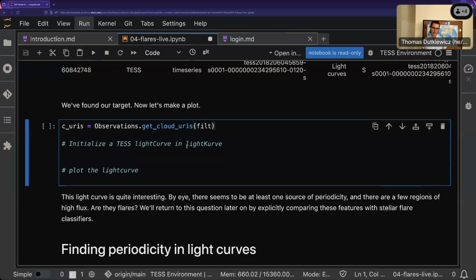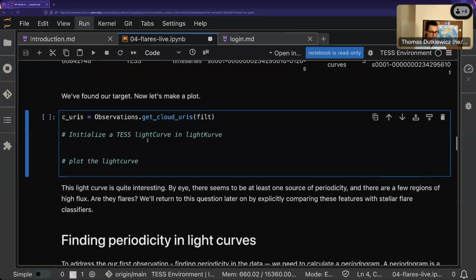The thing that I've been doing with this weird get_cloud_uris and making sure to use the plural and then trimming it down, there was a weird bug in how it handled AstroPy tables that has since been fixed, but on the platform, that fix is not available because we are locked into containers of software, and it just hasn't worked out to get the latest version of that. So all of it to say that the actual API is quite nice, and this workaround you will not have to do in the future.